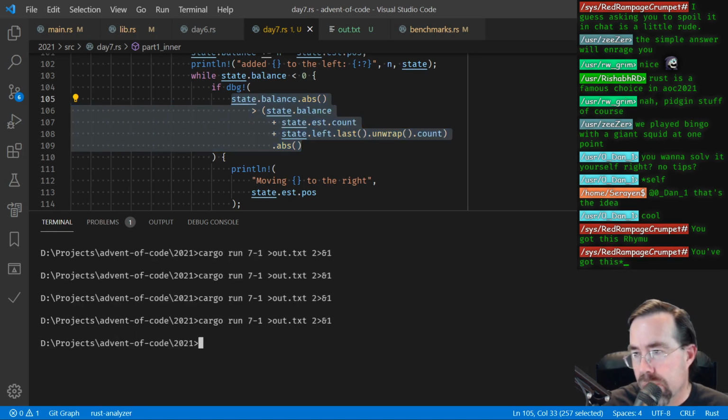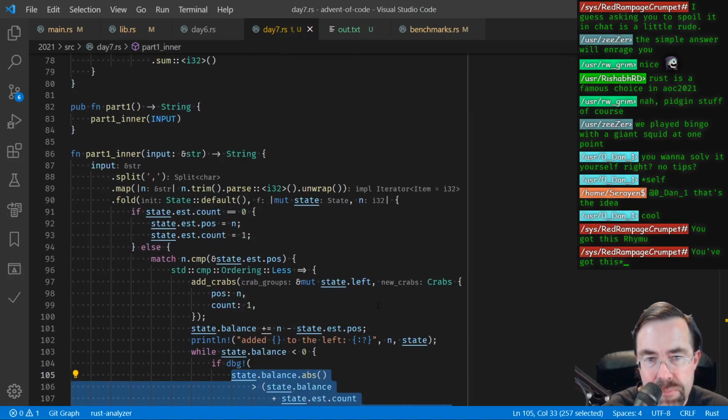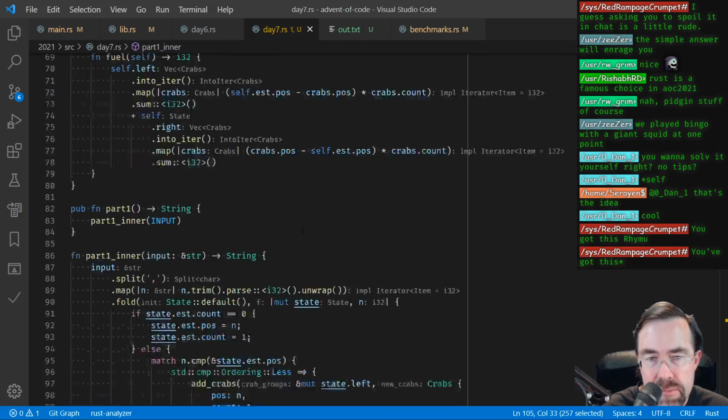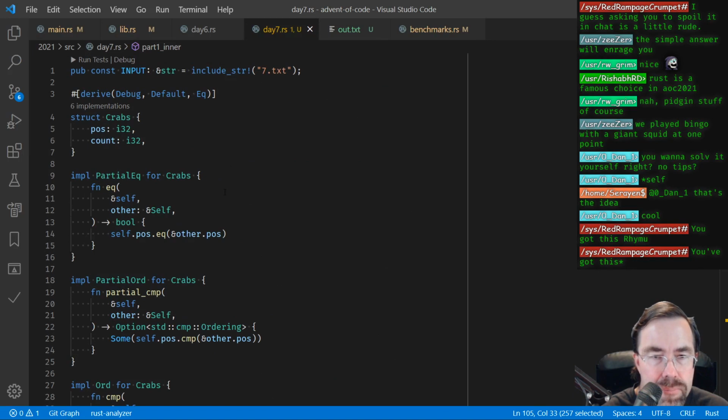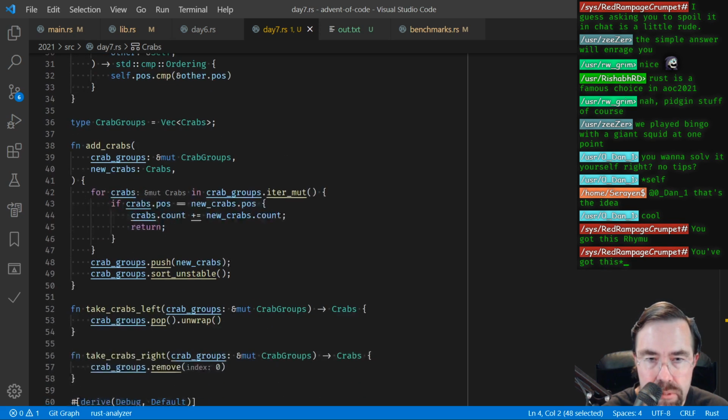Okay, new algorithm. So that means I'm going to do what? I need to collect. I still need the position and the count. I still need to sort.